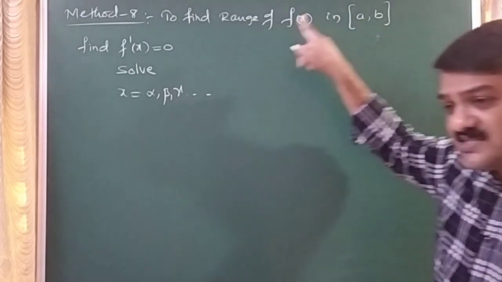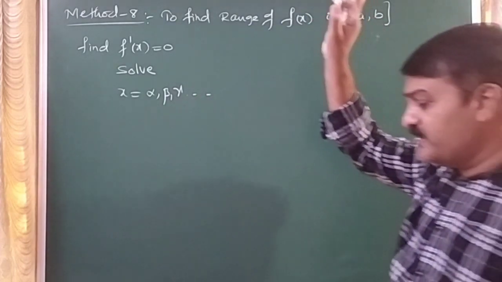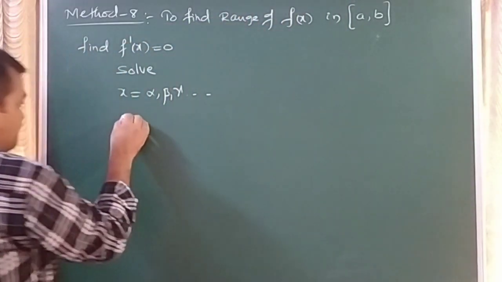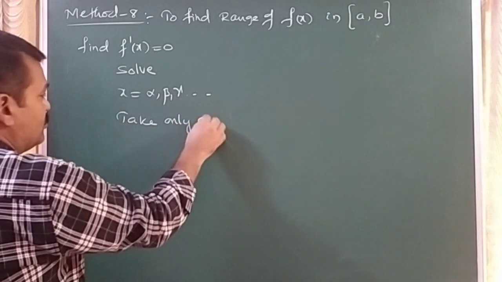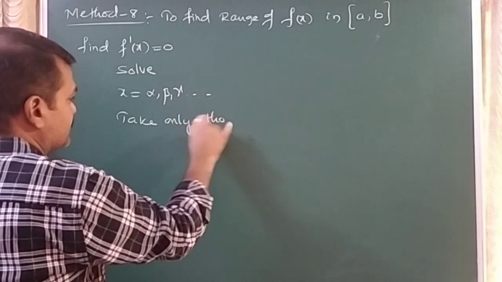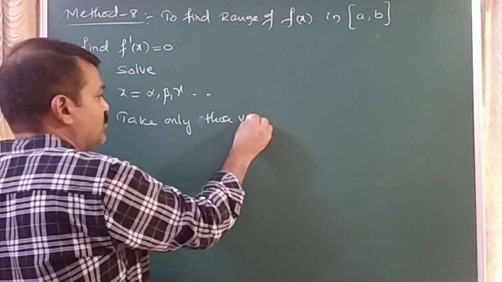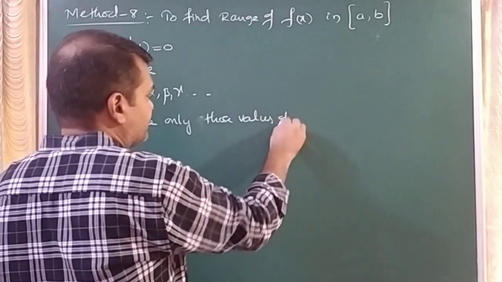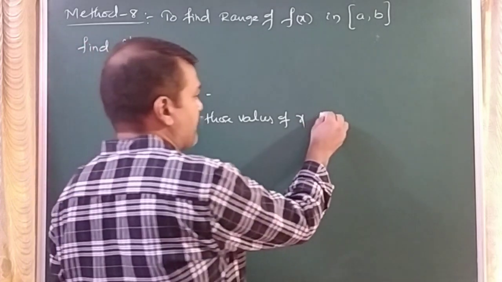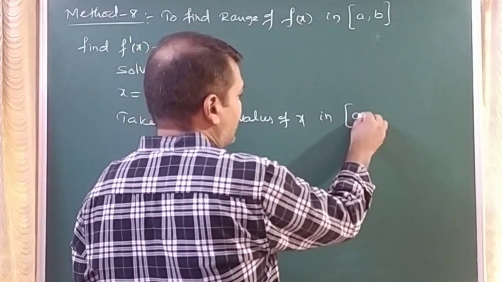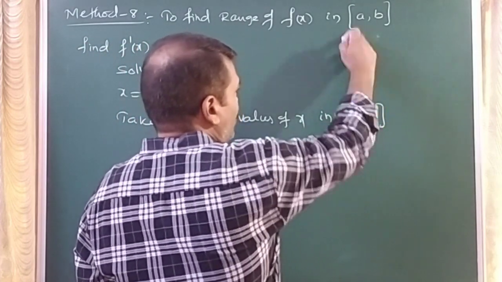Whatever x values are satisfying this interval, only take those. Take only those values of x in the interval a to b.